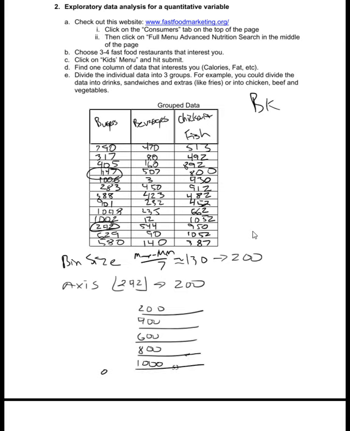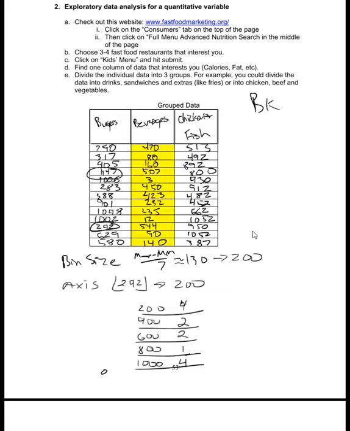We won't have anything higher. So from the 2 to 300s, we've got 1, 2, 3, 4. Now for the 4 to 500s, we've got 1, 2. And finally for the thousands and higher, we've got 1, 2, 3, 4, which is what we were expecting, right? We were expecting to get a lot at the top.